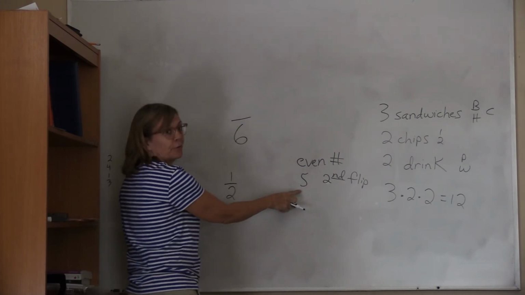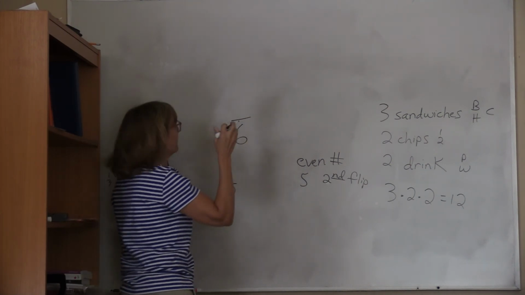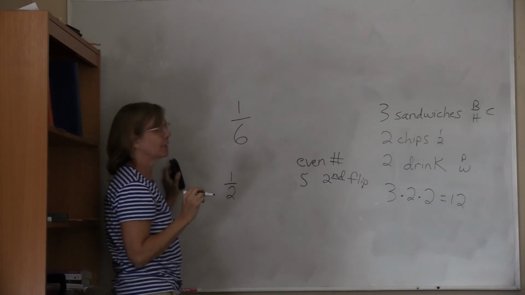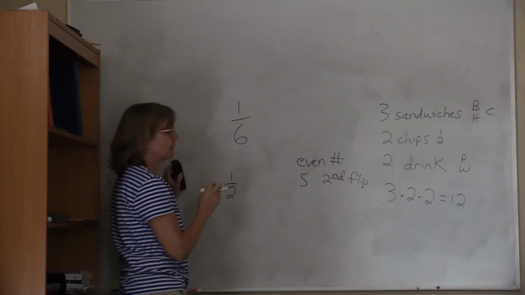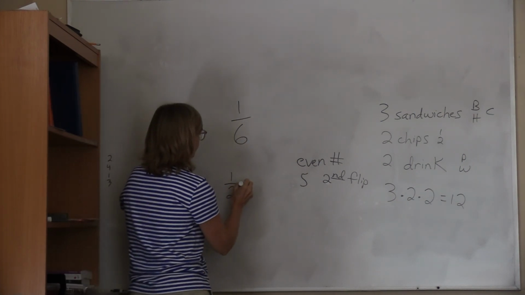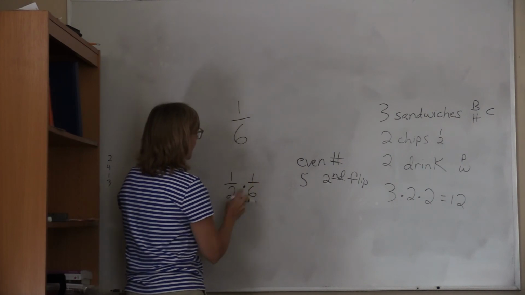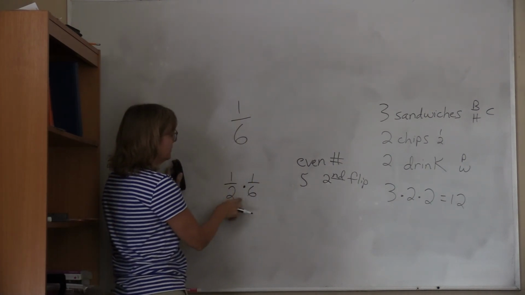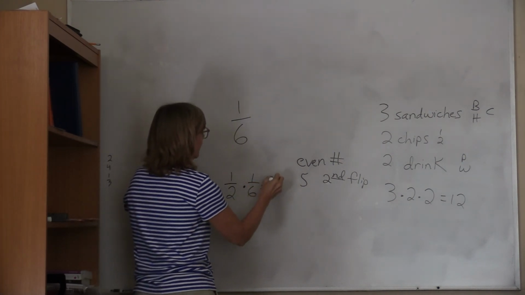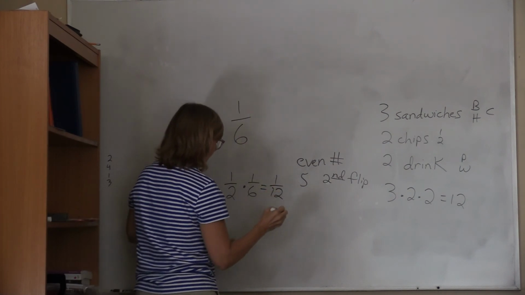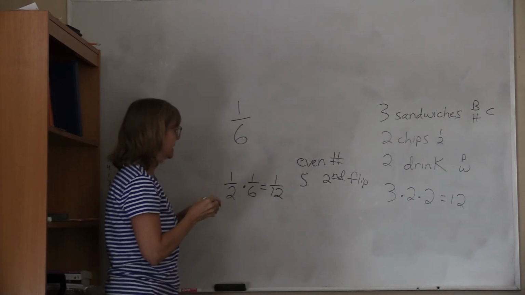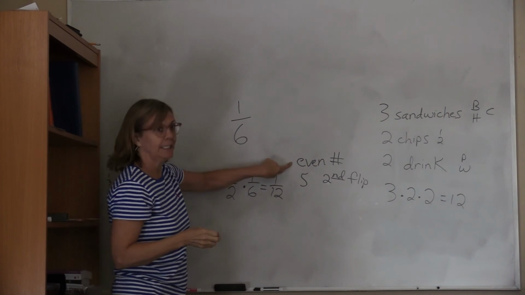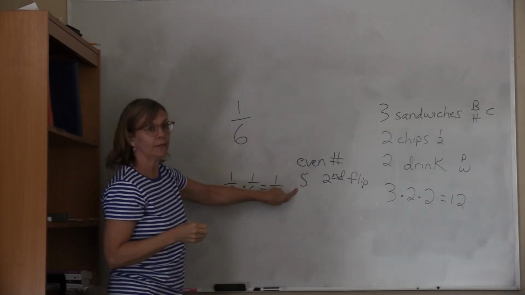How many chances are there for a 5? Just 1. 5 shows up on one side, right? So I have a 1 out of 6 chance for that. So I multiply them. 1/2 times 1/6. Your calculator will do it, but it's 1/12. So I would have a 1 out of 12 chance that I would get any even number the first flip, and I would get a 5 the second flip.